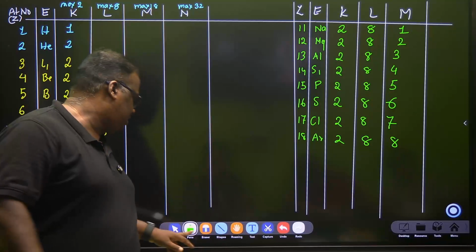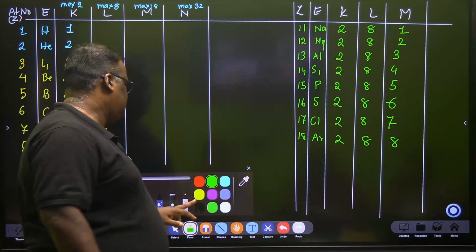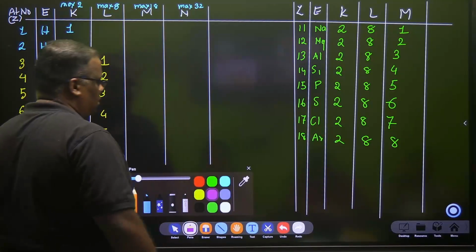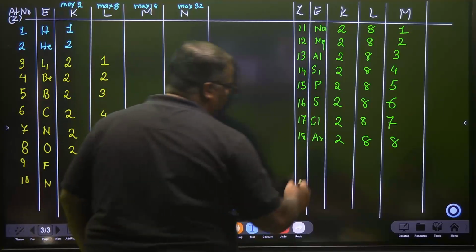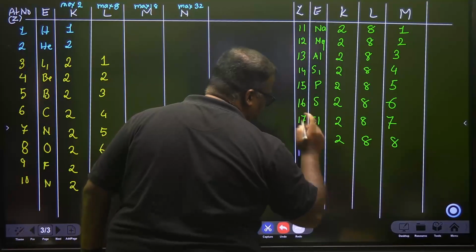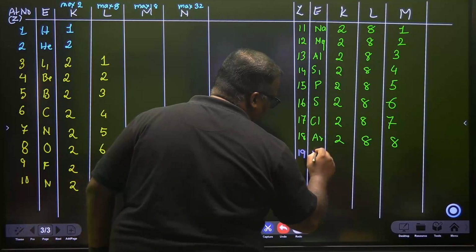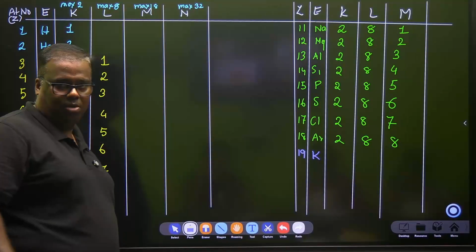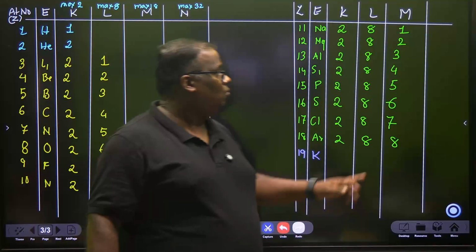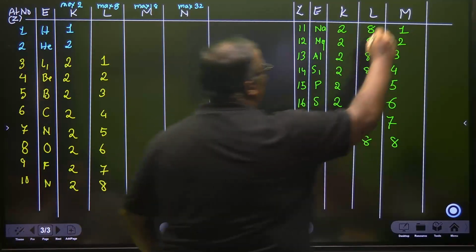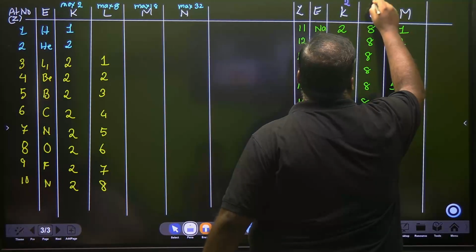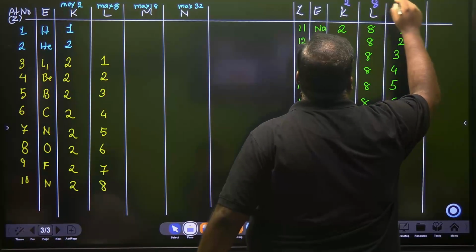Period 4 starts, and I start with lavender. Period 4 is 19. Now this is interesting. 19 is potassium. Now potassium, what is the maximum capacity of M? The maximum capacities were 2, 8, 18.